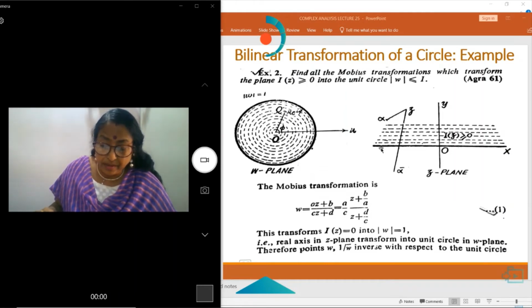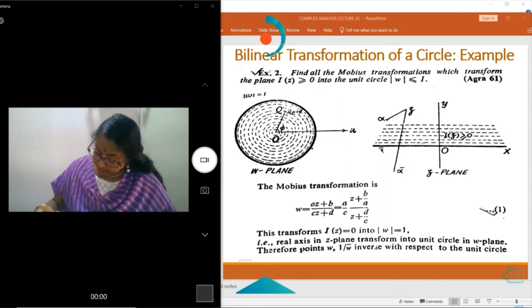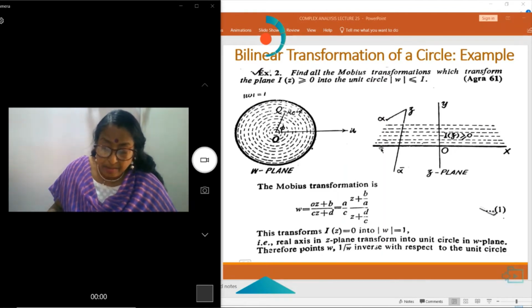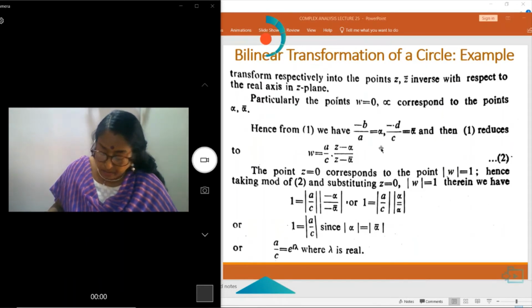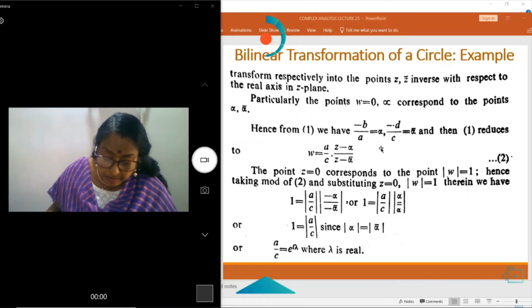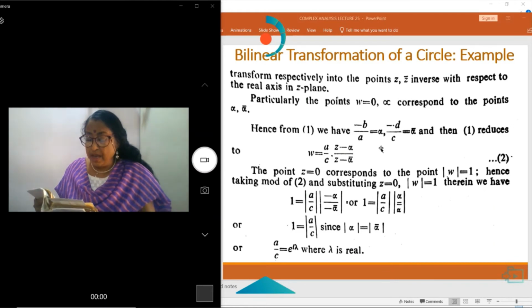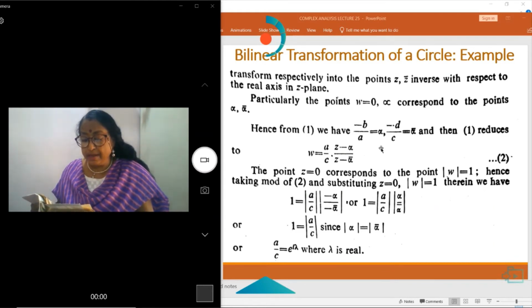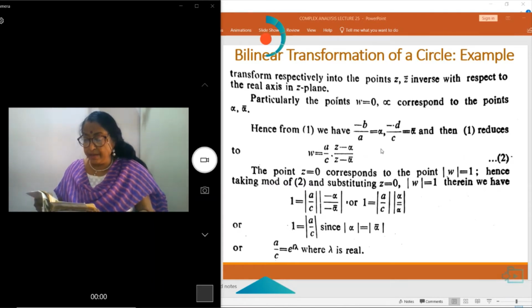Therefore, on the unit circle, particularly at the point W equal to 0 and W equal to infinity, they correspond to the points alpha and alpha bar.